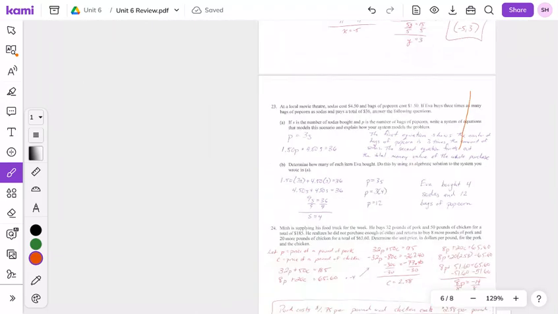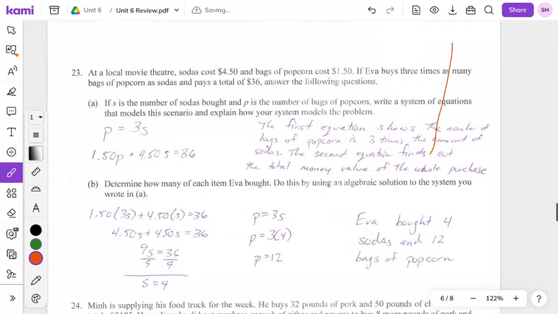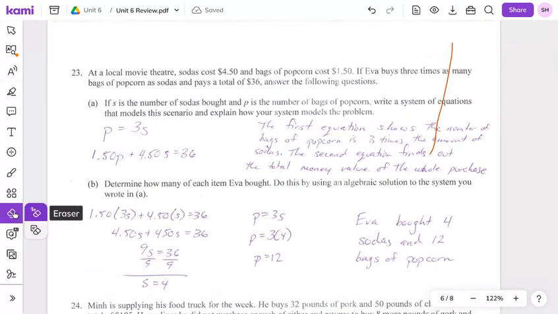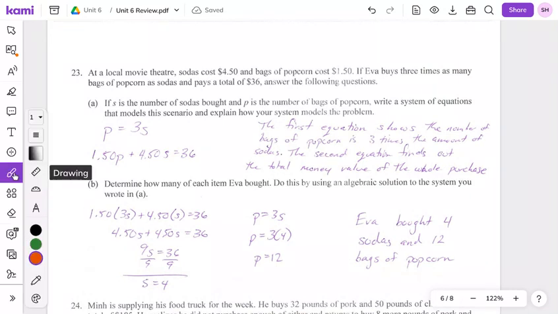All right, and then we have our real life problems that we do sometimes look at when we're modeling things. So go ahead and see that I ended up using the let statement they gave me, that S is number of sodas and P is the number of bags of popcorn. So Ava bought 3 times as many bags of popcorn as sodas, so that's where P equals 3S came from.